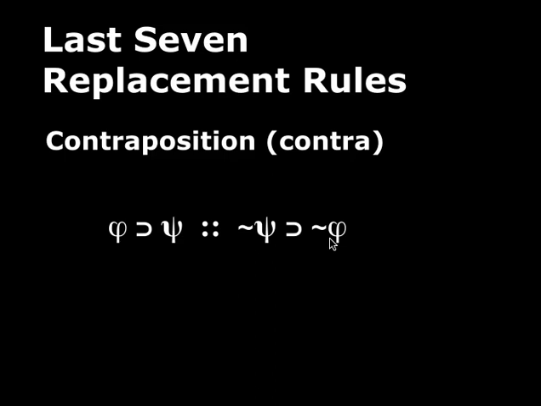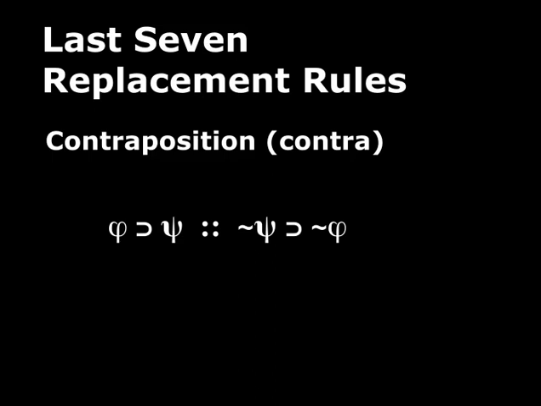You can't do commutation on a conditional. I can't just swap the order of a conditional, move the component on the left to the right and vice versa. But you can if you negate both of them. So this is kind of like commutation for conditionals. If it's a conditional, you have to negate both of the components.